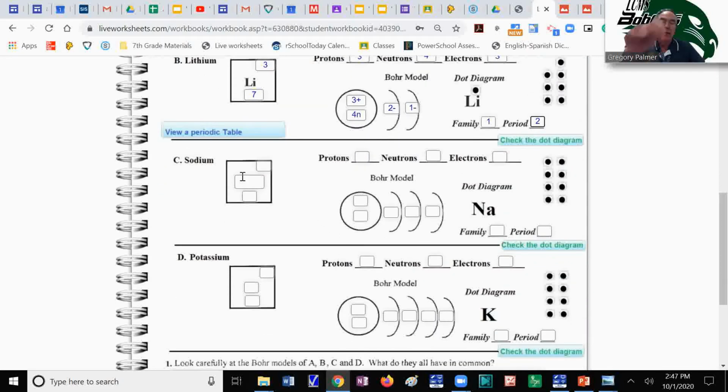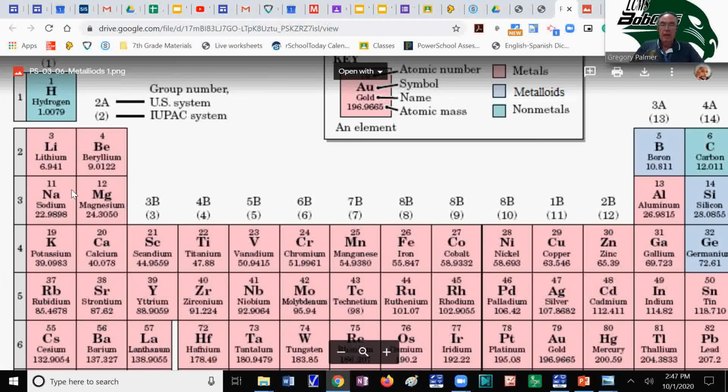Now, we are doing sodium. We're going to look at that link to the periodic table. You see sodium right here has an atomic number of 11 and a mass of 23.